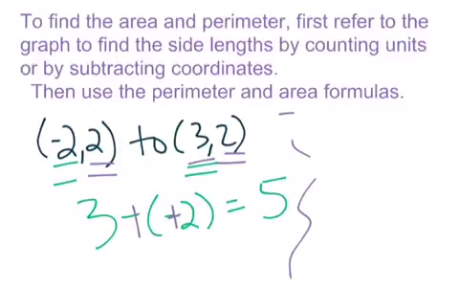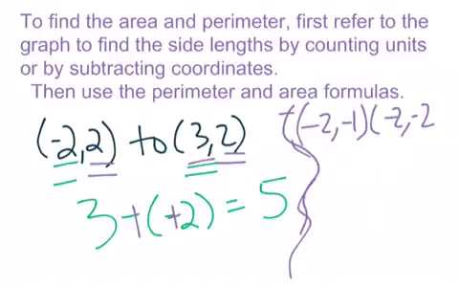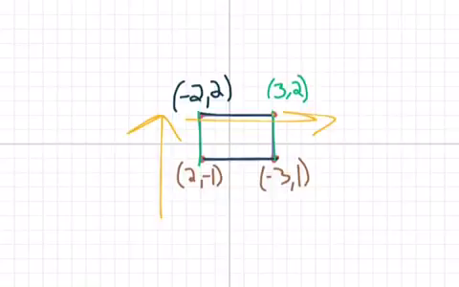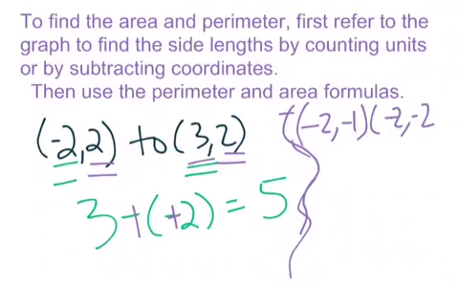Your length always has to be positive, so keep that in mind, because distance or length can't be negative. So let's write this as (-2, -1) going up to (-2, 2). Whenever you're subtracting, you want to go from left to right, and from bottom to top, because you always want to have a positive answer.